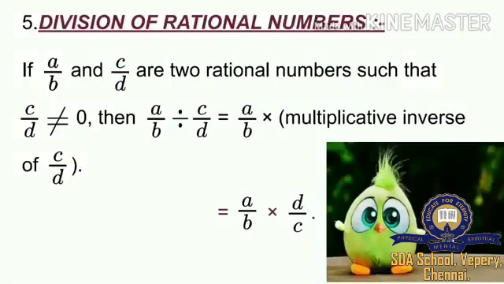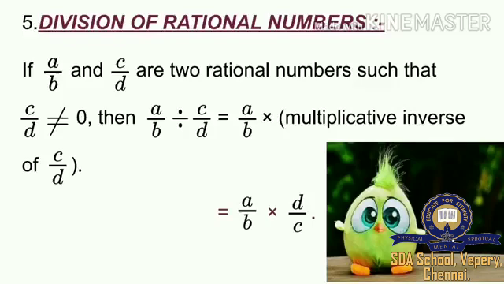Next, we are going to learn division of rational numbers. If A divided by B and C divided by D are two rational numbers such that C divided by D is not equal to 0. If C divided by D is 0, then we will not satisfy this. Okay.